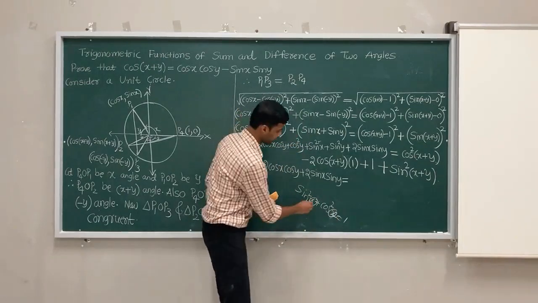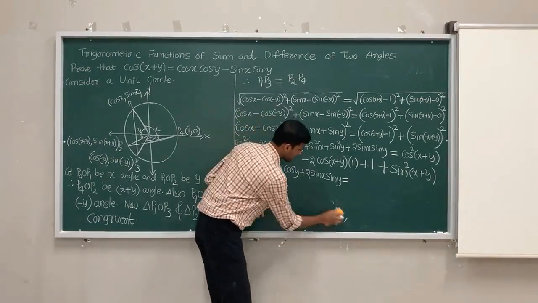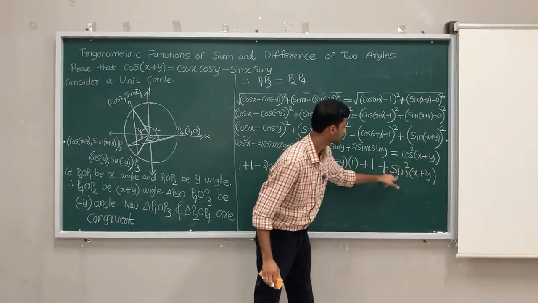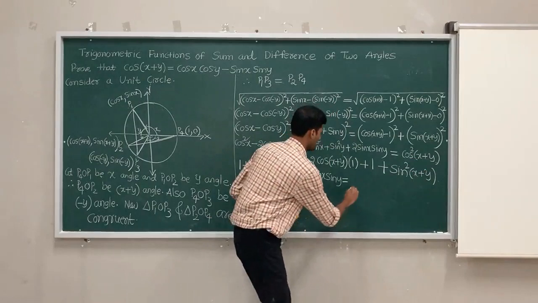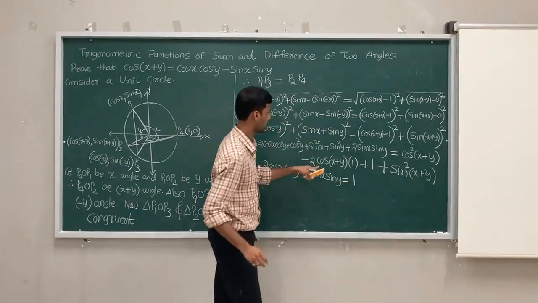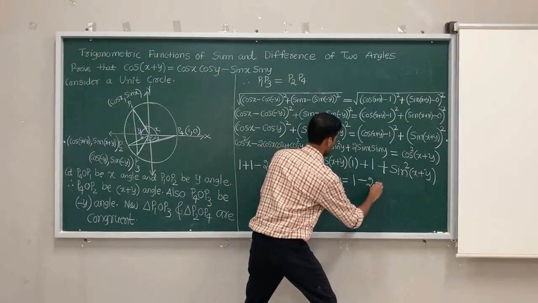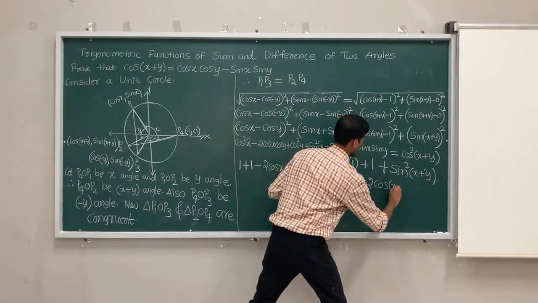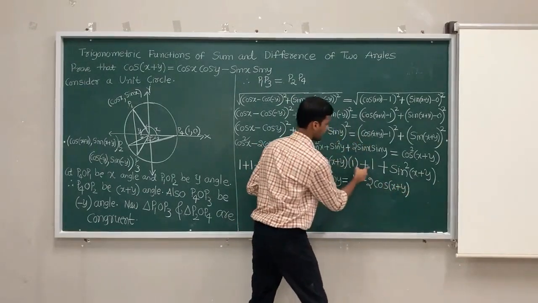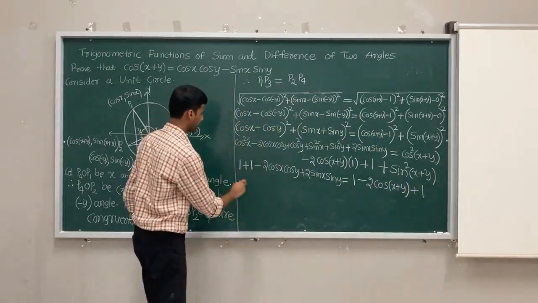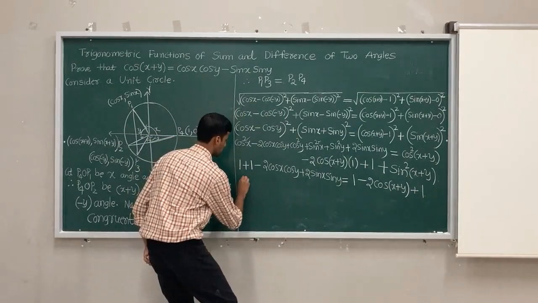Then only you can add them with a plus sign. Here, cos square x plus y plus sin square x plus y, both answer is 1. What term is left now? Minus 2 times cos of x plus y. Okay, one more plus 1 left. Plus 1. When you simplify, 1 plus 1 is 2.